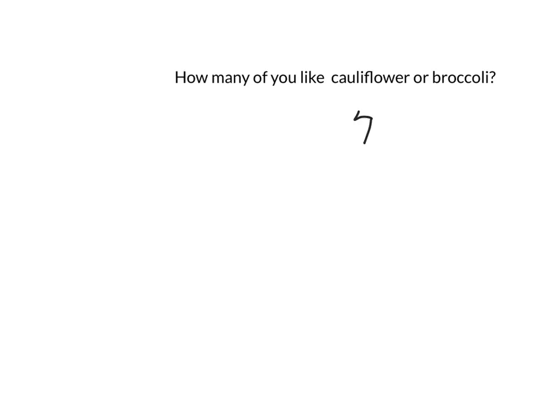Get your hand high now. 3 in Anna, 2 in Metros, 5. 2 in Cairo is 7. And 3 here is 10. 10 of you like broccoli. Now, here's my question to you. How are you going to take that information and figure out how many of you like either cauliflower or broccoli?